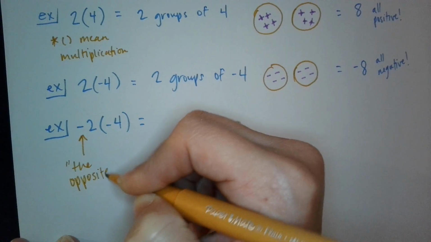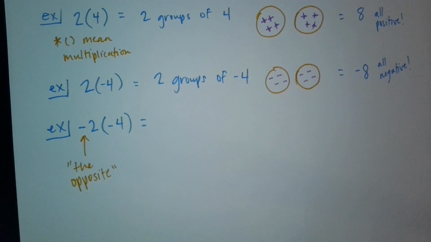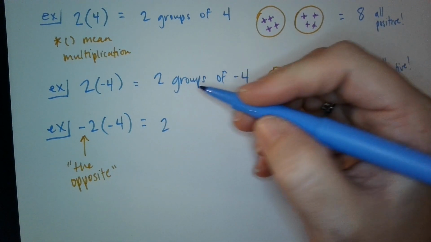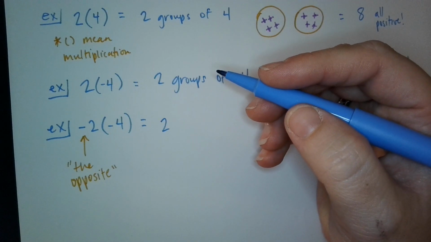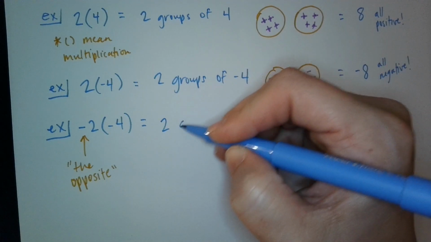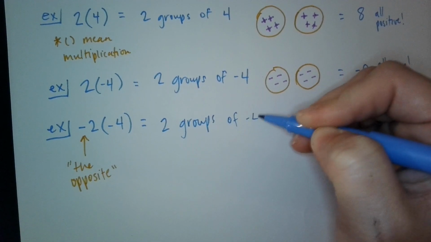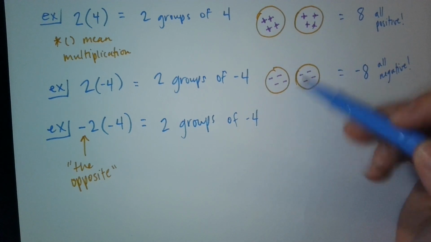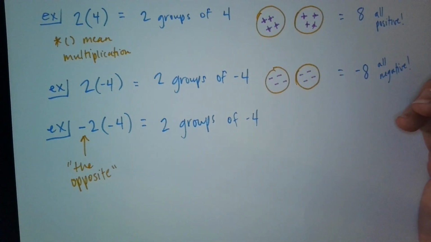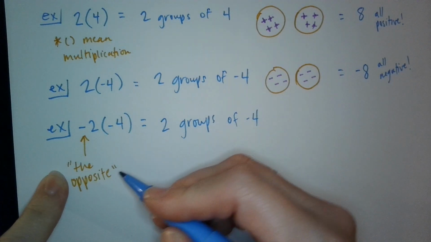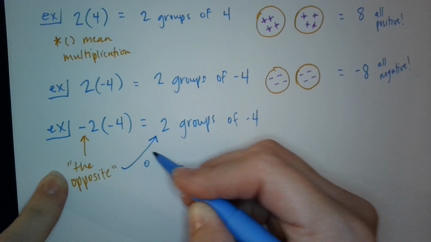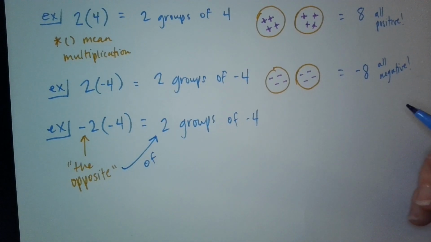So it's still going to be 2 groups of negative 4 because there's no such thing as negative 2 groups. My groups themselves are just circles. I can't make a negative circle. That's not possible. Okay? So instead we read it as the opposite of 2 groups of negative 4.